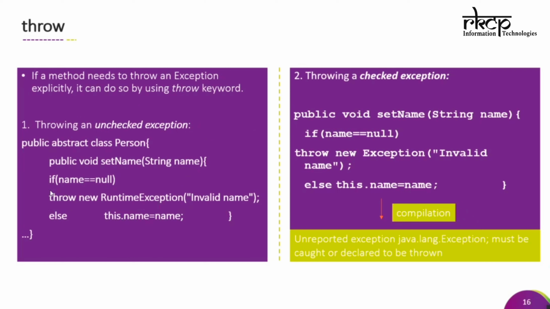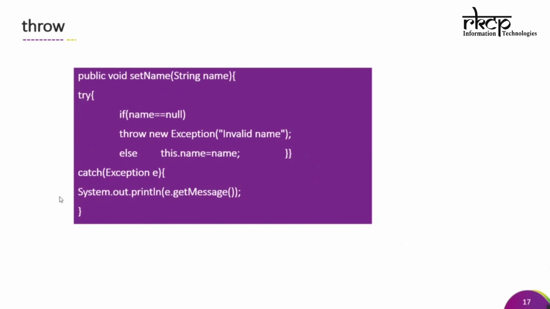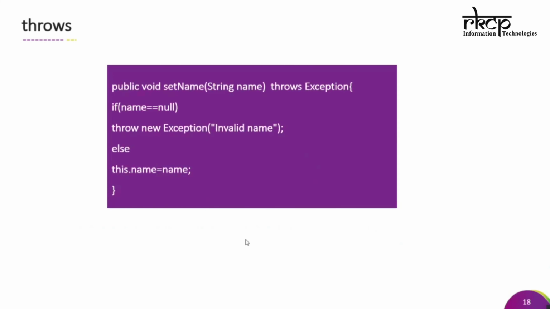Try to understand the difference between throw and throws. Throws you use with the method, however throw you use inside the method with logic. Depending on the logic you want to throw an exception. Most of the time we use throw with user defined exceptions. I will discuss that. Throw is always inside the method. So I hope you are able to understand throw and throws.